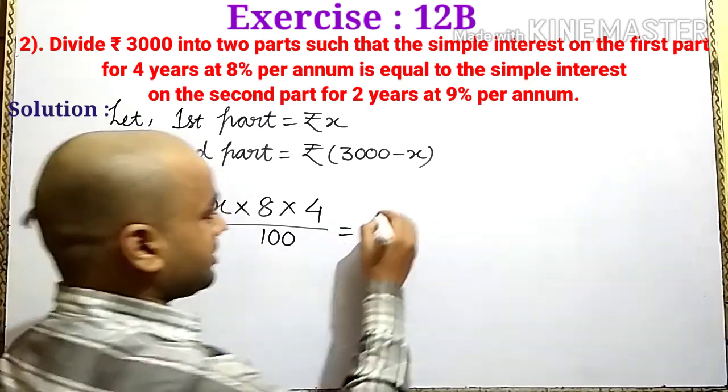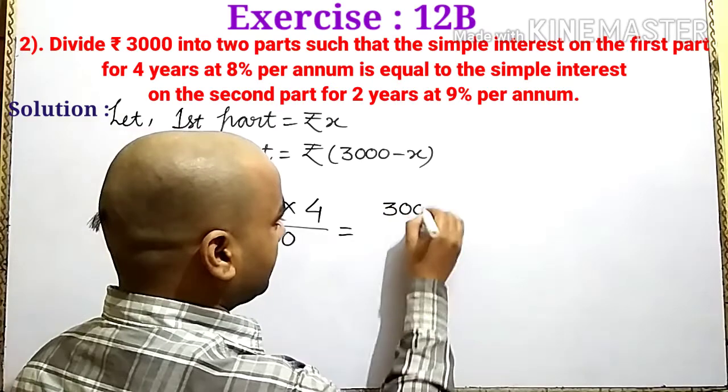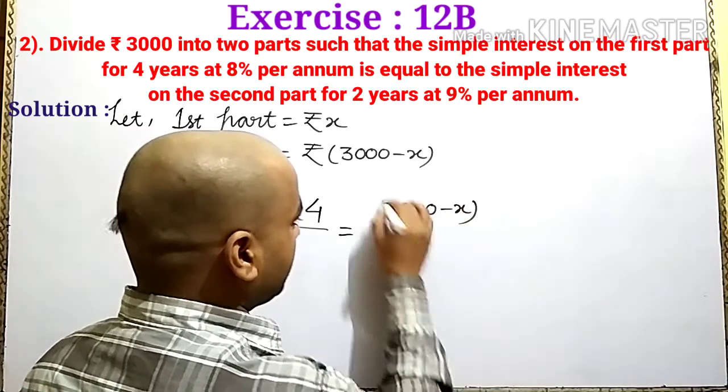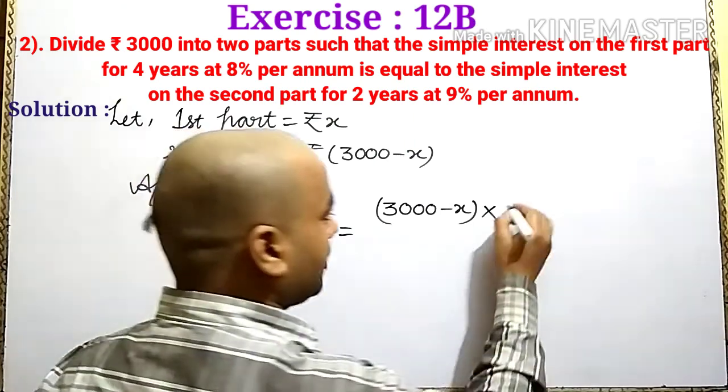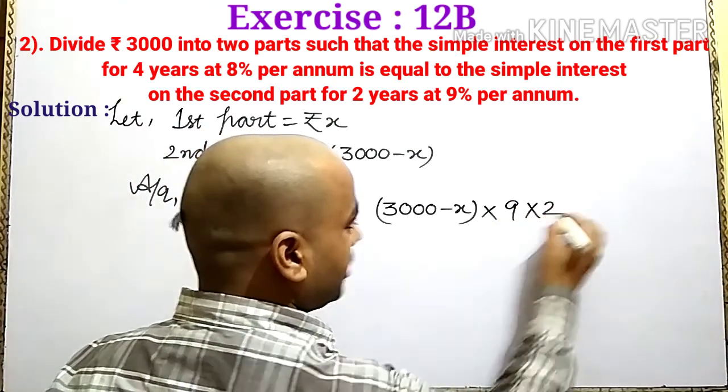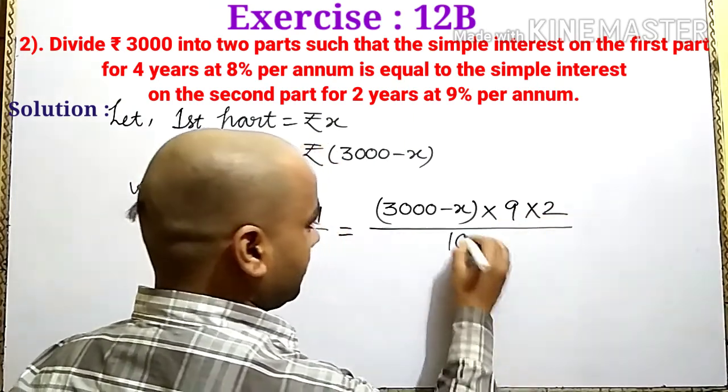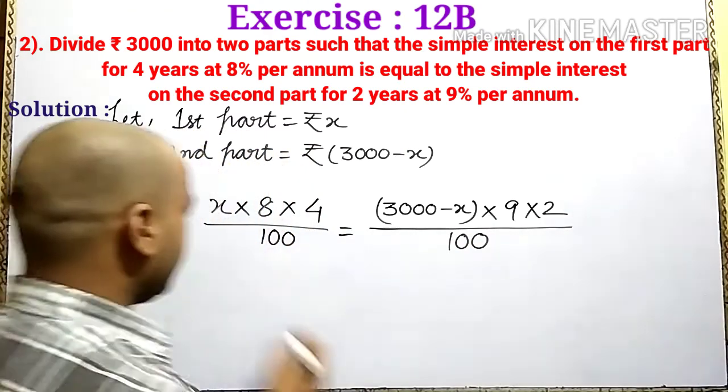Here principal second part means 3000 minus x, into rate given 9% per annum, time given 2 years, upon 100. We solve here.